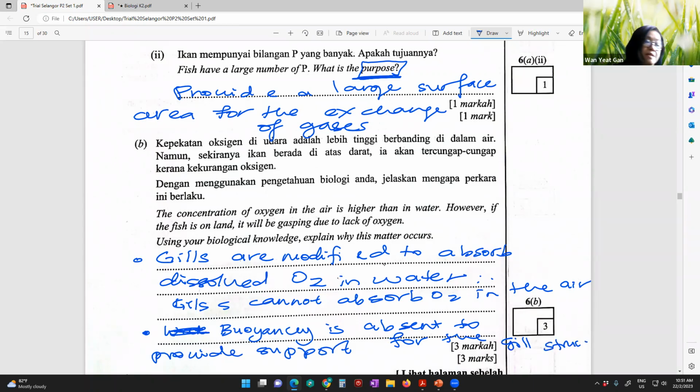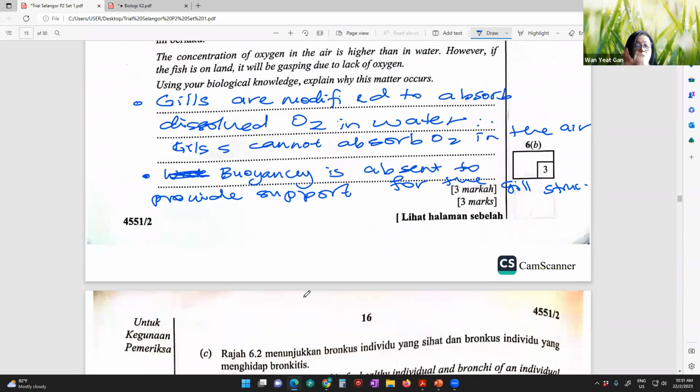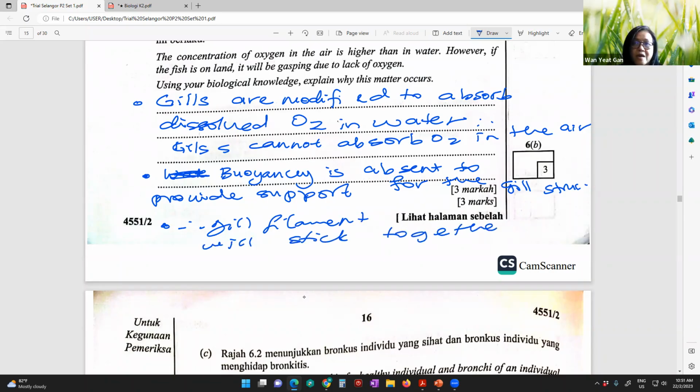So what does that mean? That means the gill structure will compress, it will collapse, okay? It will stick together. It will not be opened up, right? So the gill filament will stick together, okay?